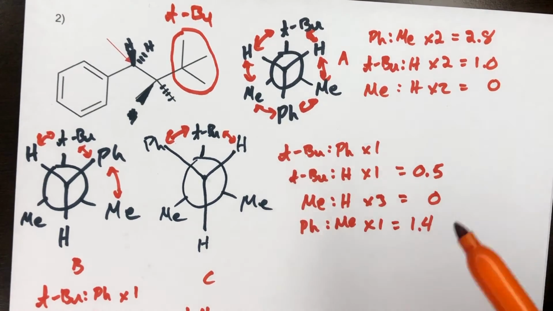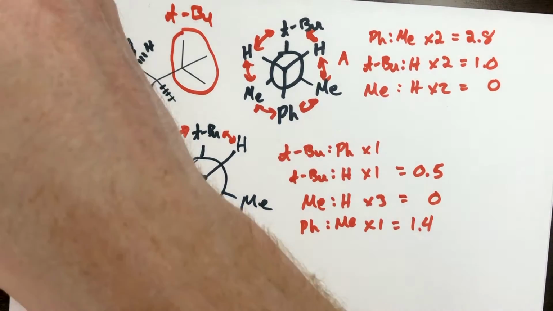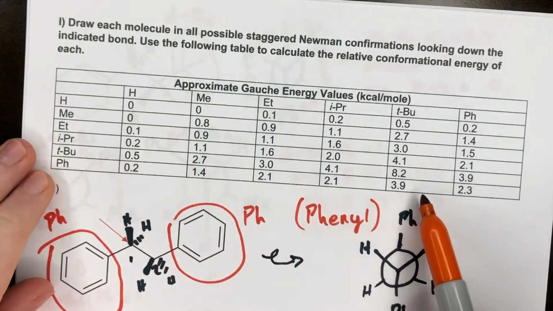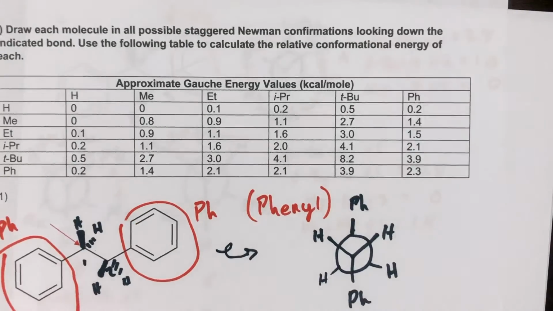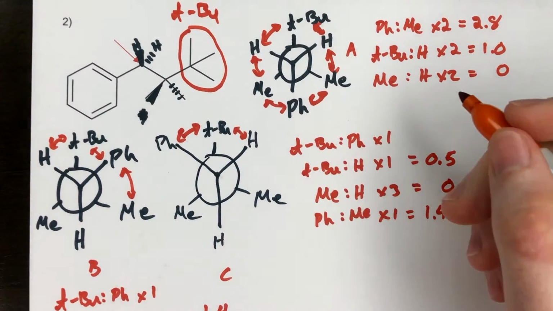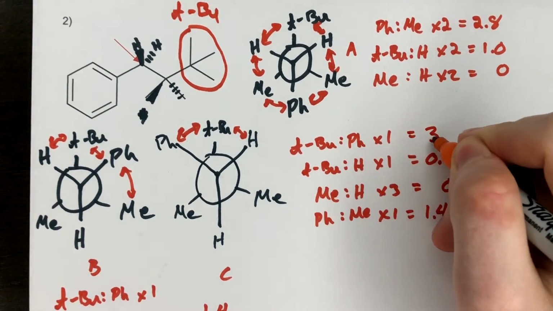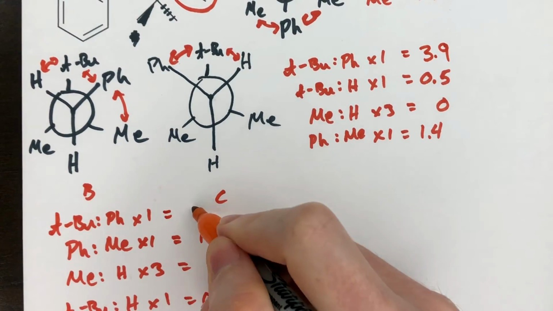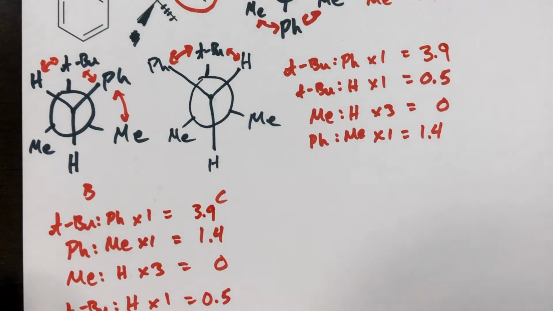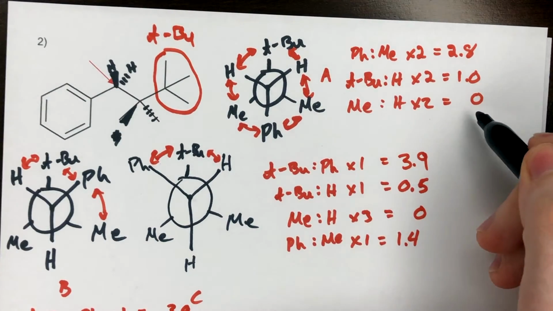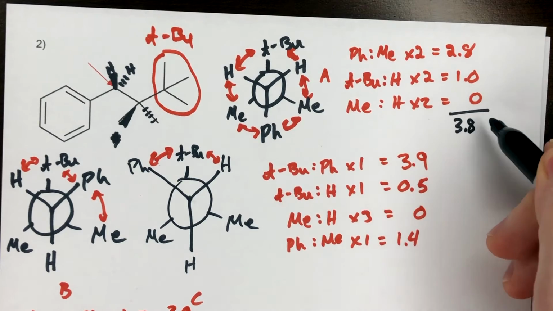So next, the only last one is the T-butyl phenyl. And this is one that we expect to be very large. So here's phenyl. T-butyl is 3.9. It is indeed very large compared to all the other interactions that we have. So 3.9 goes here, and 3.9 goes here. Okay. Now let's add these up. So 2.8 plus 1 is 3.8 kcal per mole.